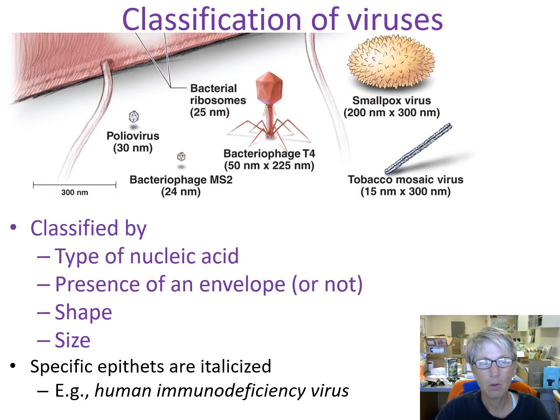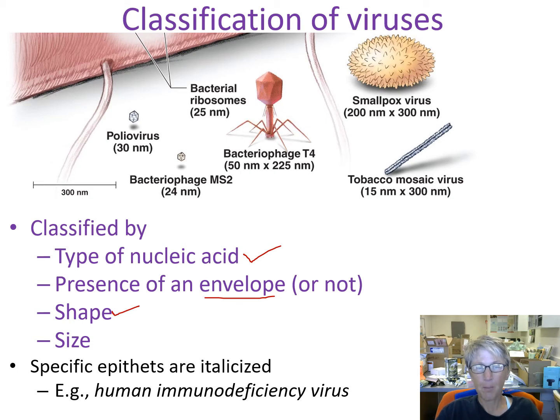Okay, so when you have a virus, you can classify it by the type of nucleic acid. So remember, that could be single-stranded or double-stranded RNA or DNA. The presence of an envelope or not. If you are a virus and you don't have an envelope, you are naked. The shape of the virus.